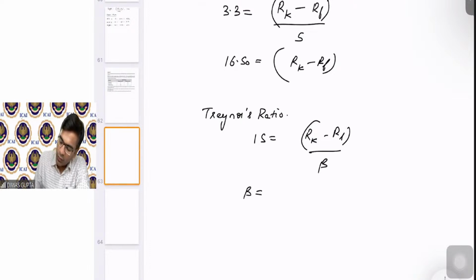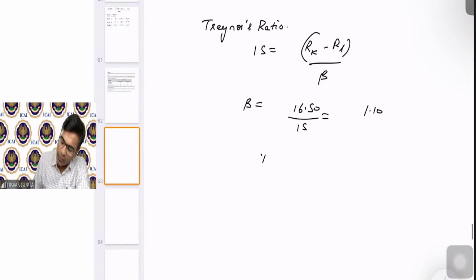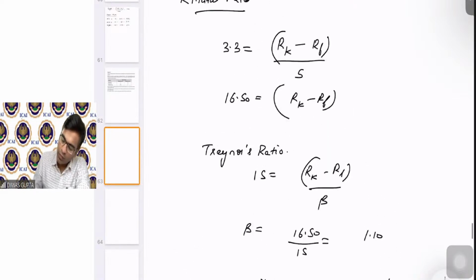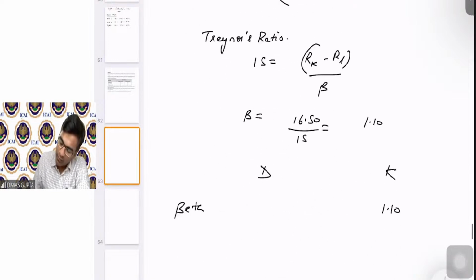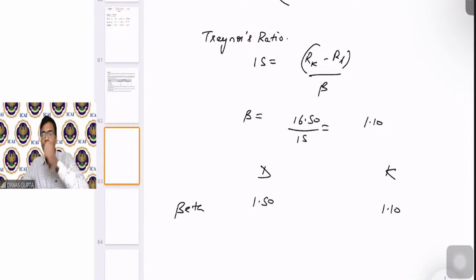So beta is equal to 16.50 divided by 15, which is 1.10. So K's beta is 1.10 and for D it is 1.50. Okay, students, understood?